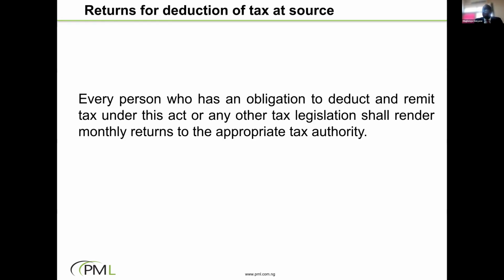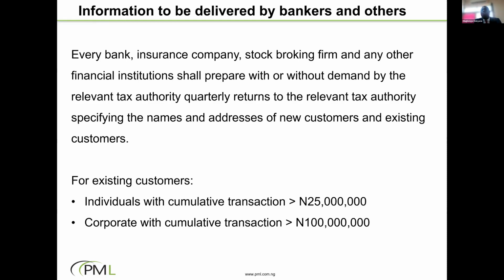For example, every bank, insurance company, stockbroking firm or any other financial institution shall prepare, with or without demand by the relevant tax authority, quarterly returns to the relevant tax authority, specifying the names and addresses of new customers and existing customers. And for existing customers, they must send a return of cumulative transactions that is 25 million for an individual, and for a corporate organization, cumulative transactions of 100 million.